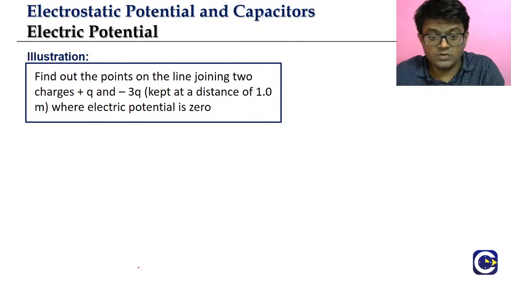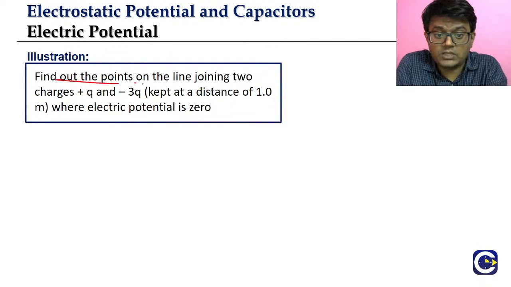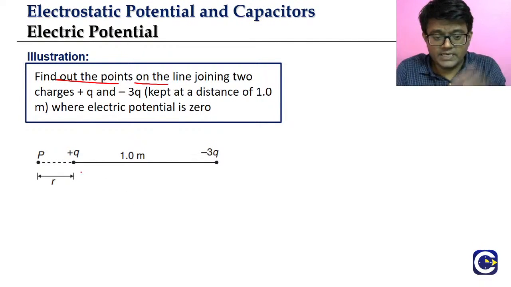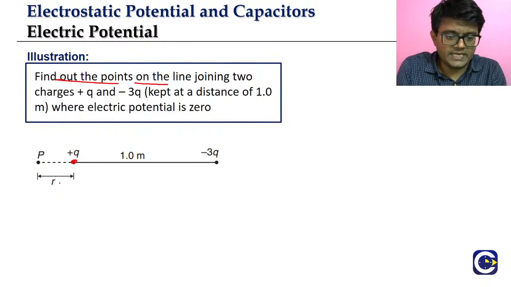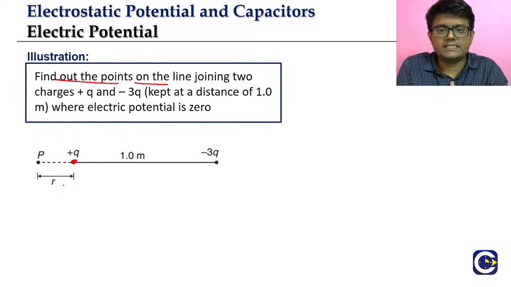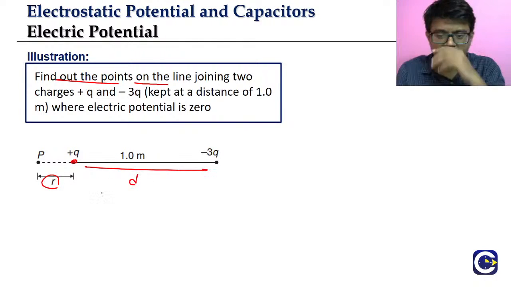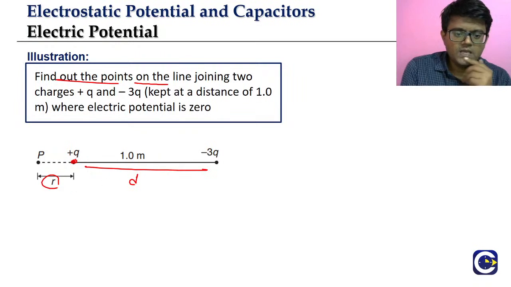So now what should we do? They are asking us to find the points. First, we will look at region A. From the plus q, we are taking a point at distance r, and D is 1 meter. The potential because of plus q is kq by r.